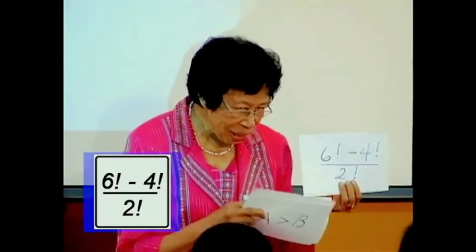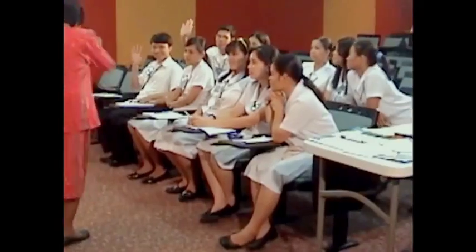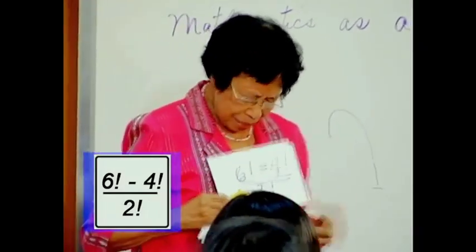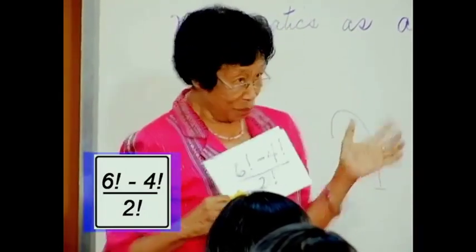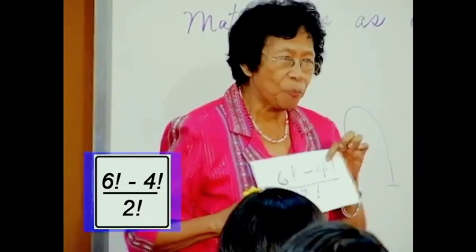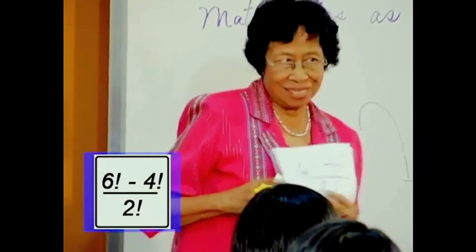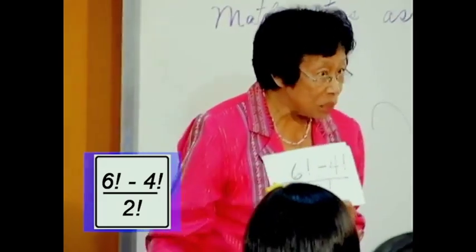How would you interpret this? The quotient of 6 factorial minus 4 factorial over 2 factorial. How much is 2 factorial? It's 2. How much is 6 factorial? 720, lovely. And how much is 4 factorial? 24. So it simply means 720 minus 24 divided by 2.